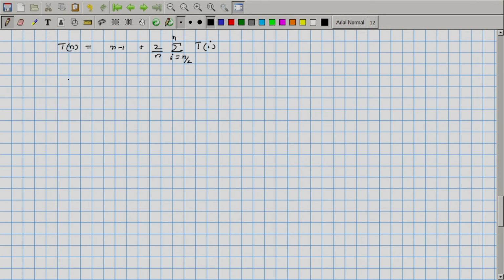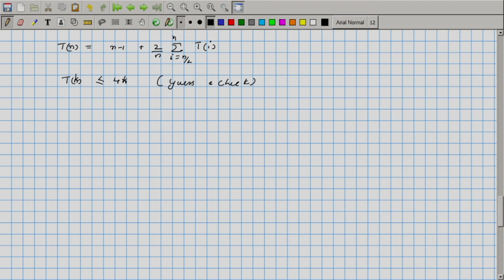Okay. So, we could guess and solve. Let us check whether T(n) is less than or equal to 4n. Suppose we plug in the value that T(k) is less than or equal to 4k, we can see if this recurrence is satisfied.